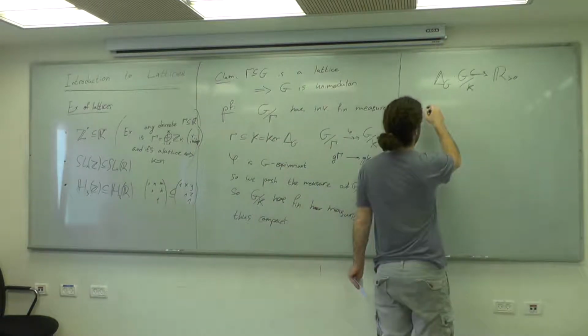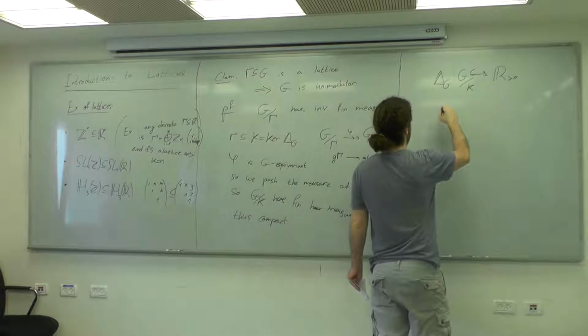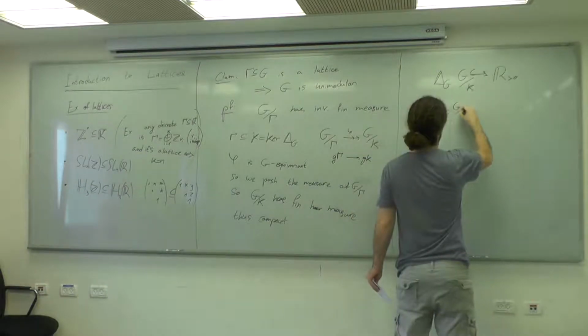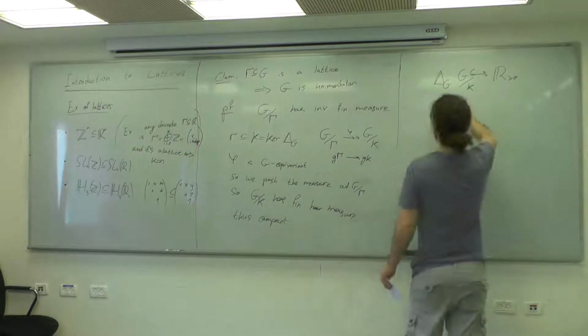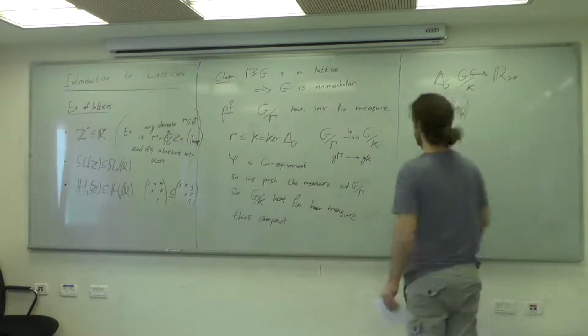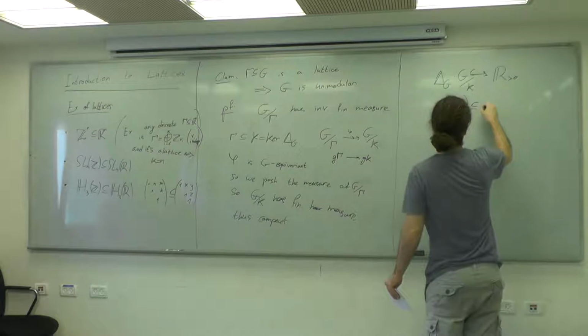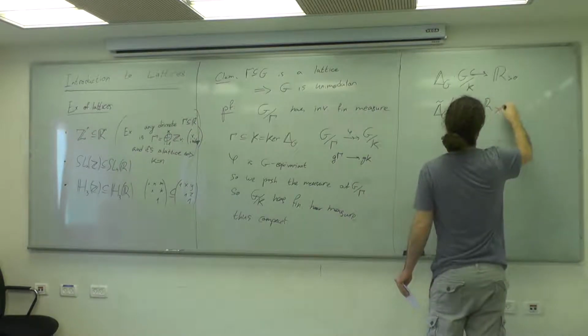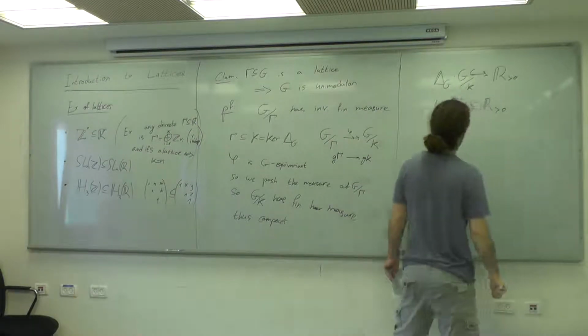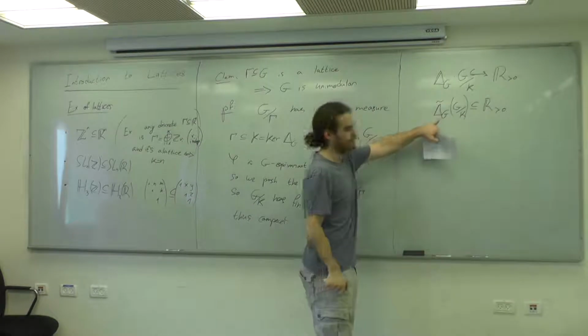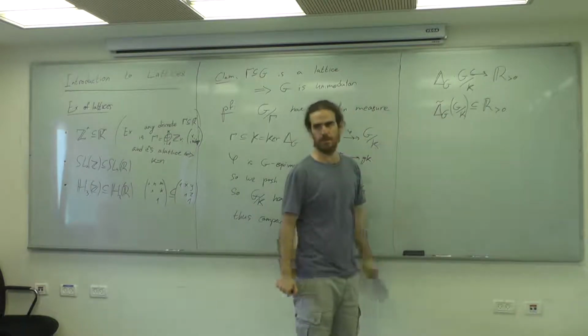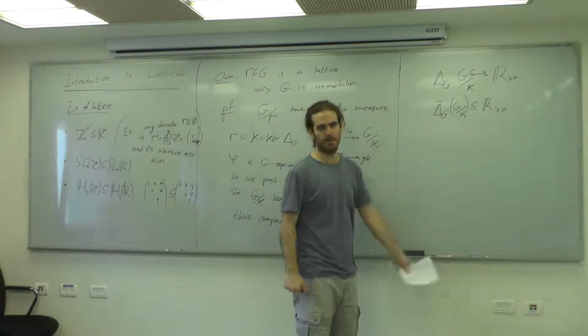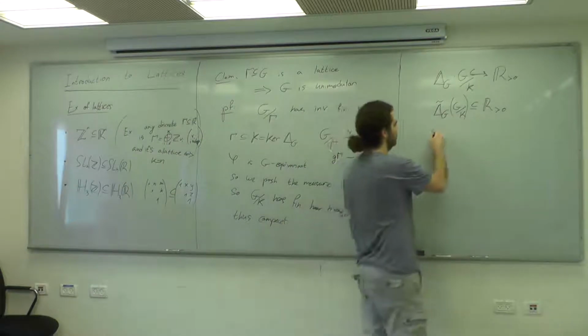So the delta tilde of G mod K lives in the positive reals, and this is a continuous function, and the image of a compact set is compact.